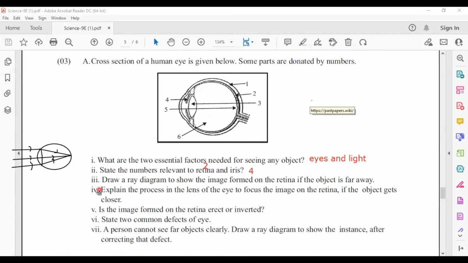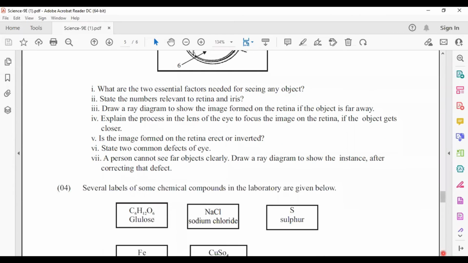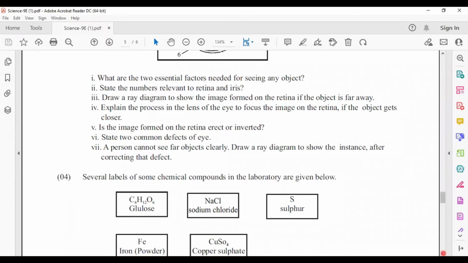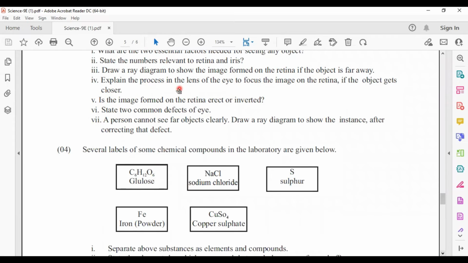Next question. Explain the process in the lens of the eye to focus the image on the retina if the object gets closer. If the object is a close object, the curvature of the eye lens should increase. Write down the answer.